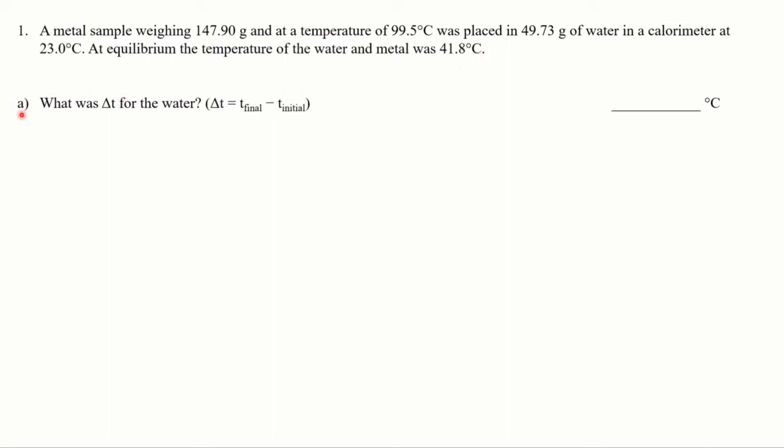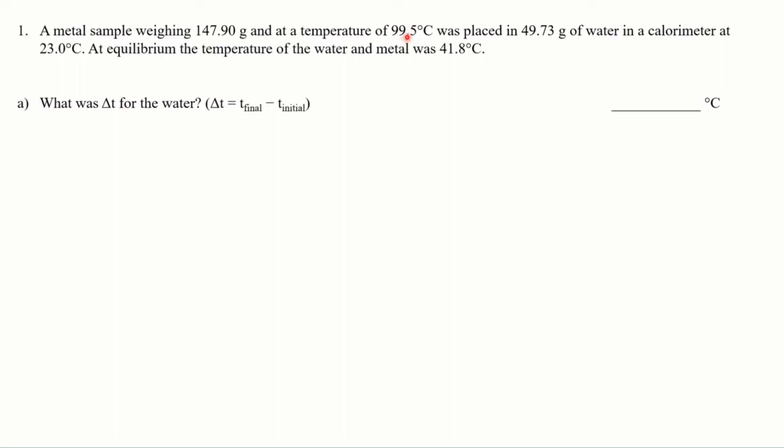And the first part of the question, part A, says, what was delta T of the water? And it gives us the formula. Delta T, which is change in temperature, is always the final temperature minus the initial temperature. So here it seems that we have a very hot metal that was sitting in boiling water for some time.